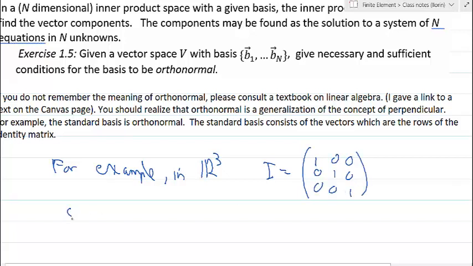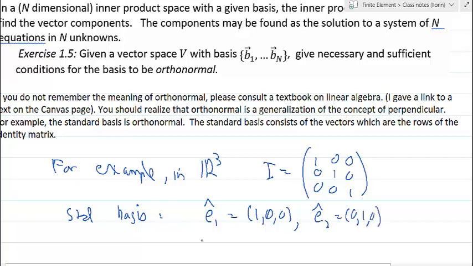So the standard basis is equal to e1, which is 1, 0, 0, and we often put a hat over it to indicate that it's a vector of unit length, e2, which is equal to 0, 1, 0, and e3, which is equal to 0, 0, 1.